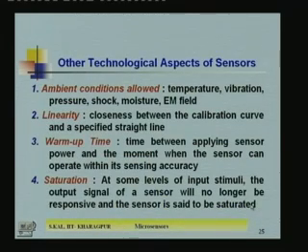Now, the other technological aspects of sensors are the ambient conditions allowed. What are ambient conditions? Temperature, vibration, pressure, shock, moisture, electromagnetic field. That is one important parameter. The electromagnetic field is coming nowadays because of the application of a lot of wireless devices.